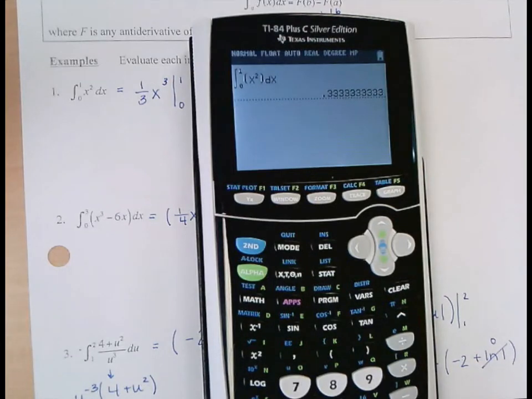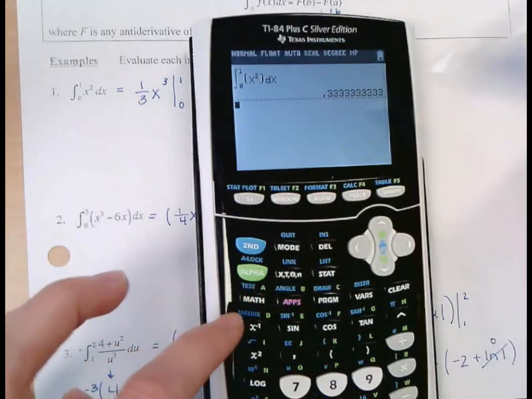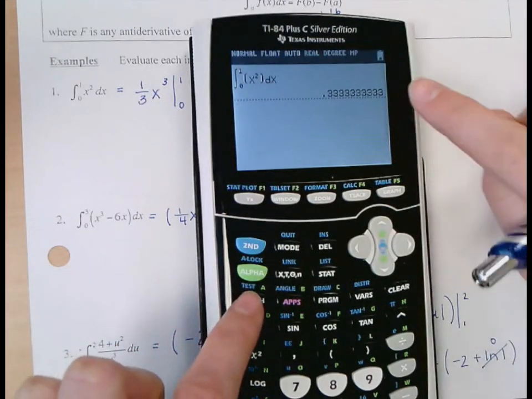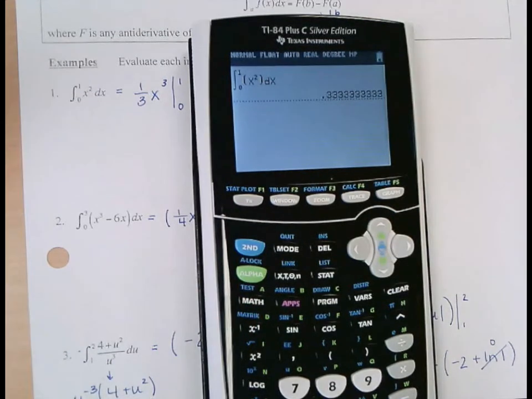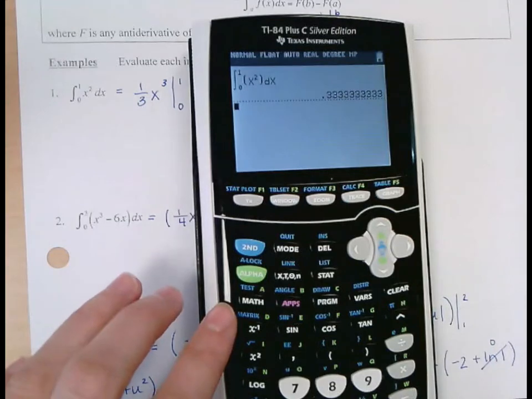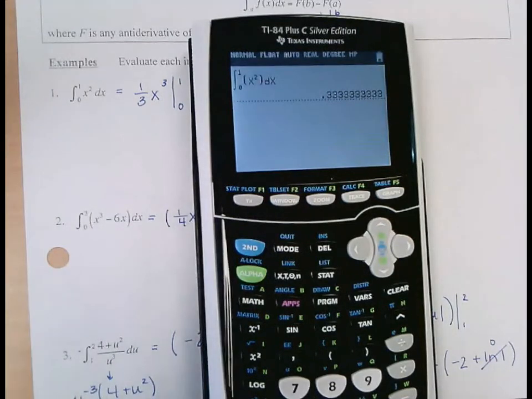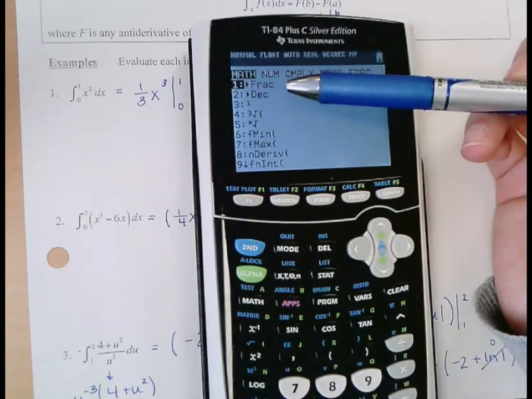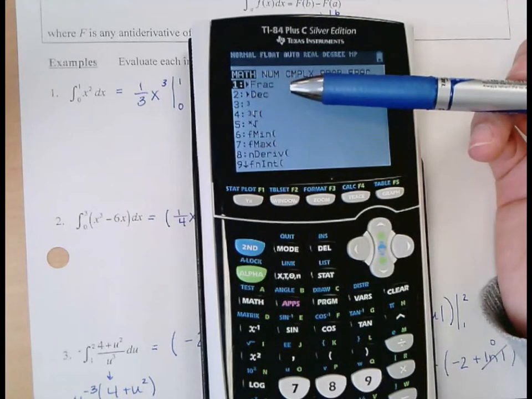That is 1/3. If you don't already know how to change a decimal to a fraction on these calculators, 0.3 repeating, knowing that's 1/3, is pretty simple. But say you get a different decimal and you want to see if it does work out to be a fraction. If you hit math, the very first option will change whatever you have in your calculator to a fraction.